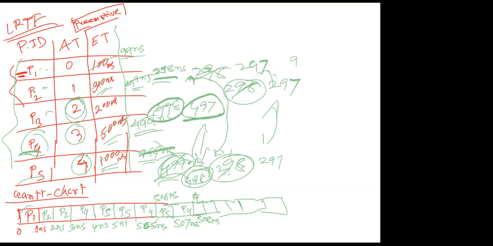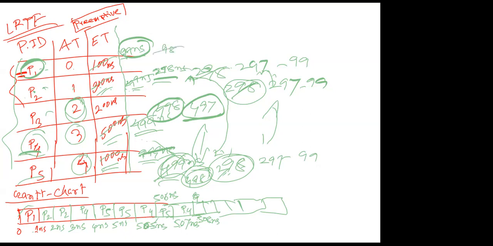When the remaining time arrives at 99 nanosecond, then again process P1 will be scheduled because it arrived first, earlier than the other three processes. This process will execute for 1 nanosecond, so it will be 98.